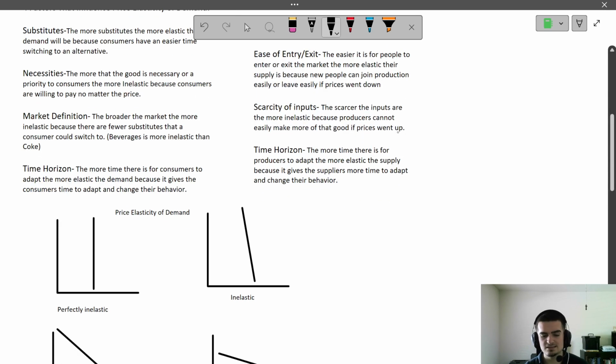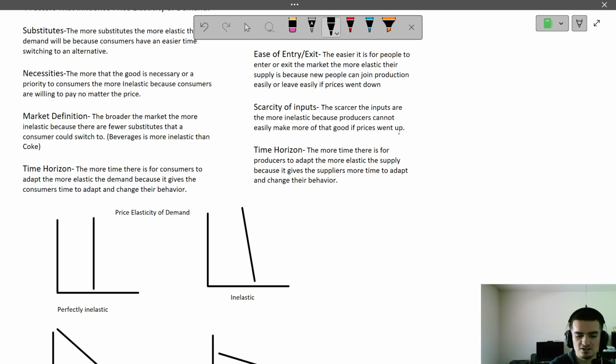Next is time horizon. The more time there is for producers to adapt, the more elastic the supply, because it gives suppliers more time to adapt and change their behavior. So I'll go back to the tires, right?